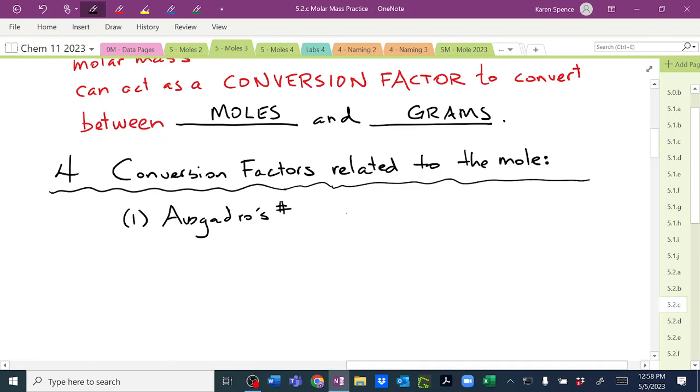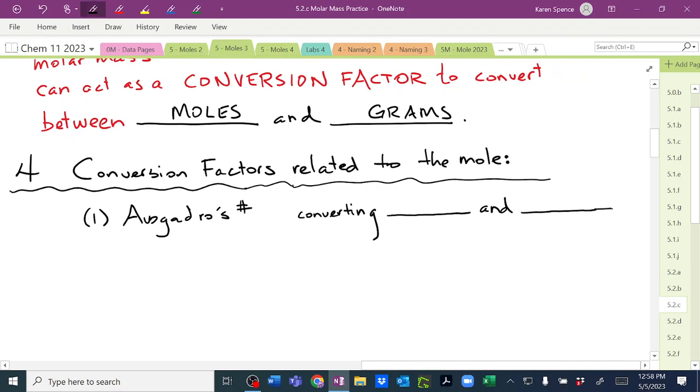It's useful for converting between something and something else. Moles, yes.